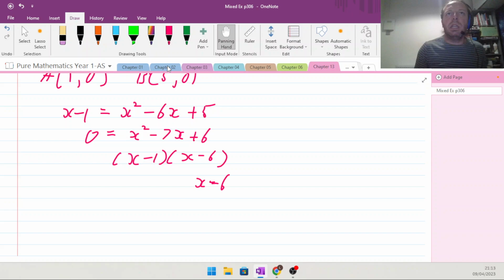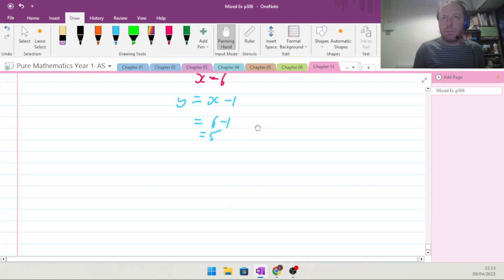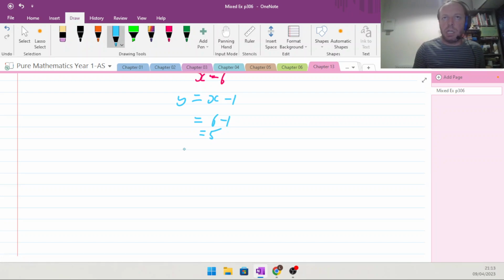Quickly finding what it is, we can put it into y equals x minus 1, so that equals 6 minus 1, which equals 5, giving us a C of 6 and 5.